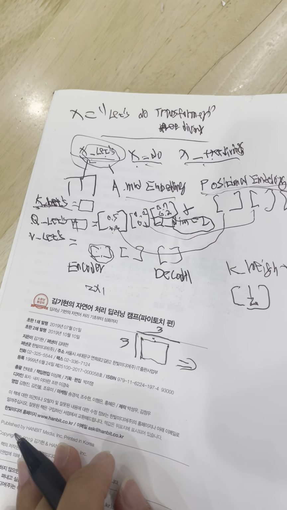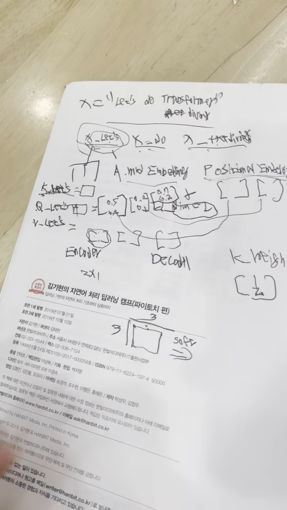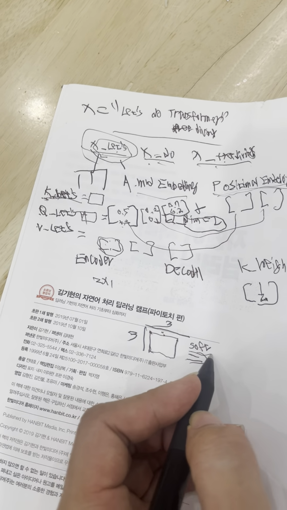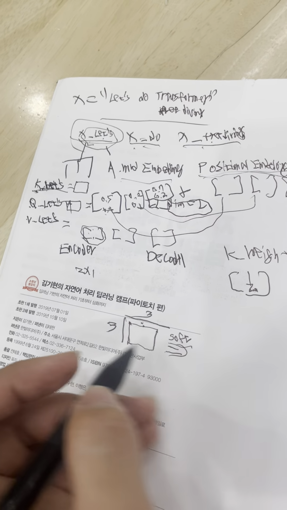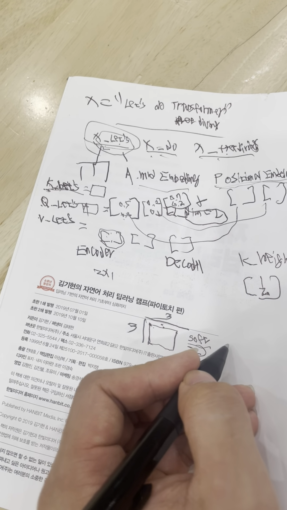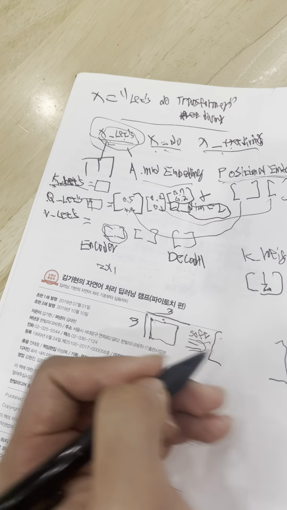Then after making the 3 by 3 matrix, we will apply soft... I forgot the name of the function. Soft something, which we use in deep learning a lot. By doing this, another 3 by 3 matrix will come out.